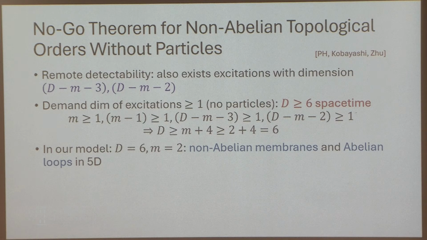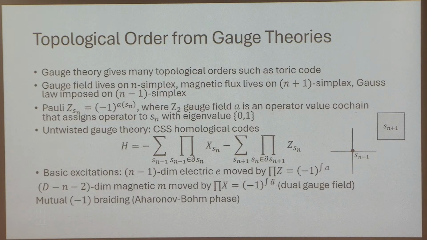Okay, so now let me tell you the construction of the model. The construction is going to use gauge theory, and as we already know, there are many topological orders that are described by gauge theory, such as the toric code or higher-dimensional homological codes.